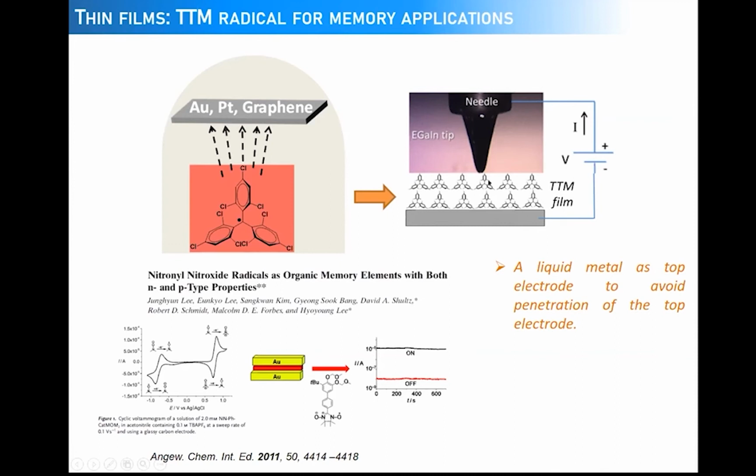The idea is to avoid this possible penetration of the top electrode into the organic film, and then make sure that what we observe is really coming from the organic film.